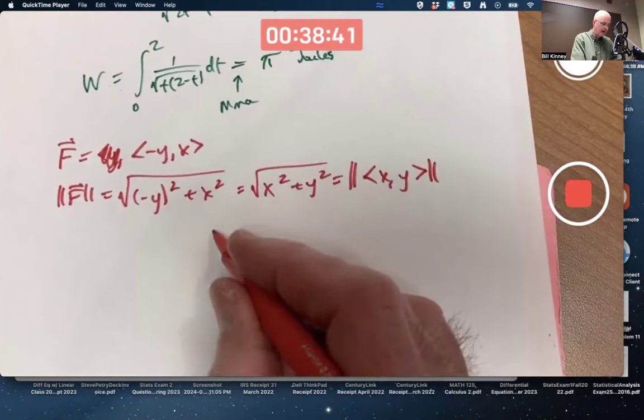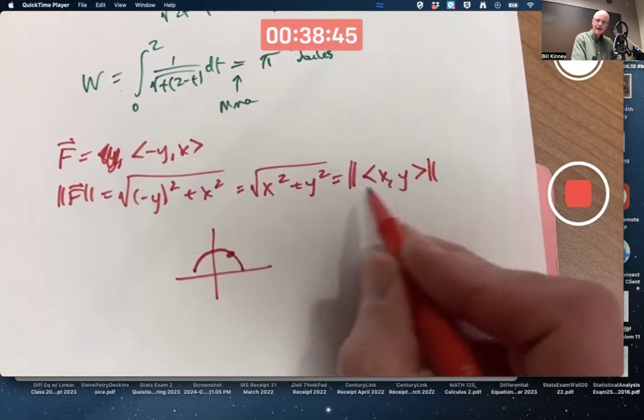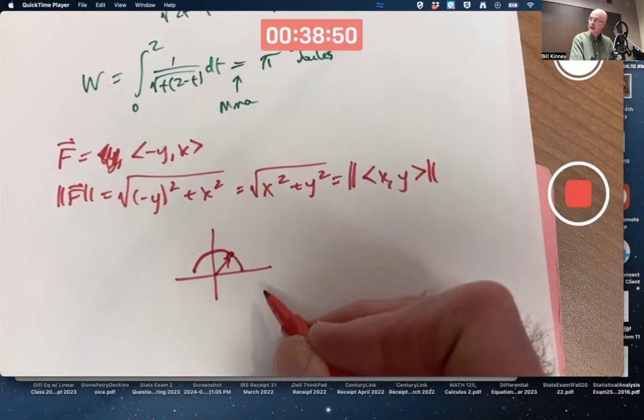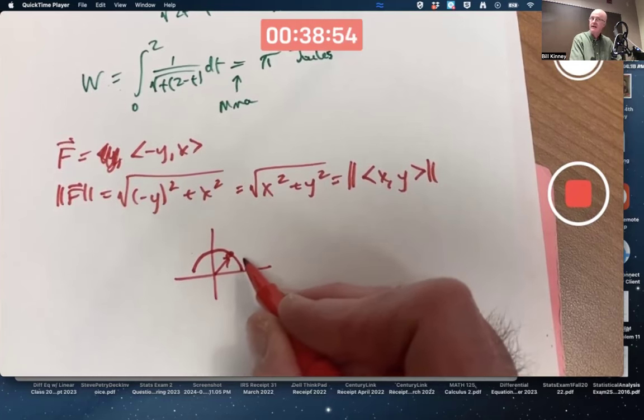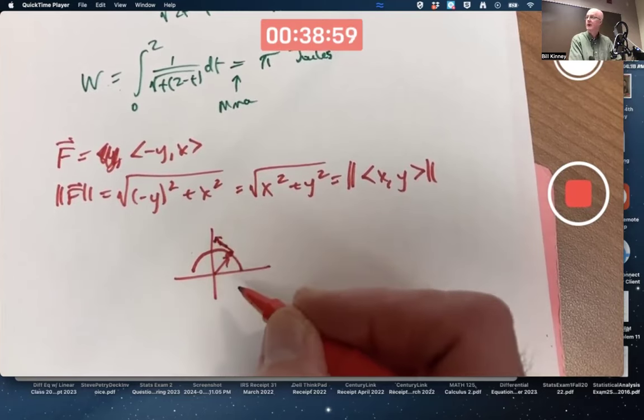At any point along a circle centered at the origin, the magnitude of x, y, thinking of it as a position vector to that point, is going to be constant. It's going to be equal to the radius of the circle, in fact.